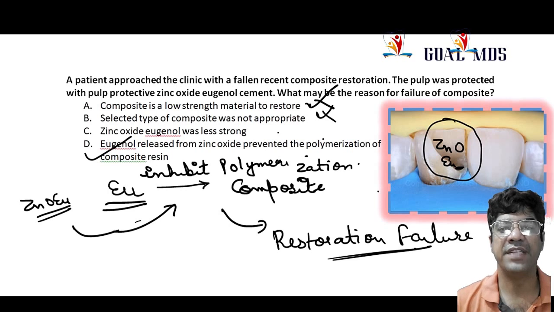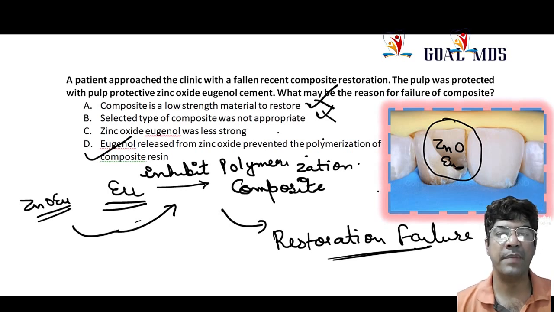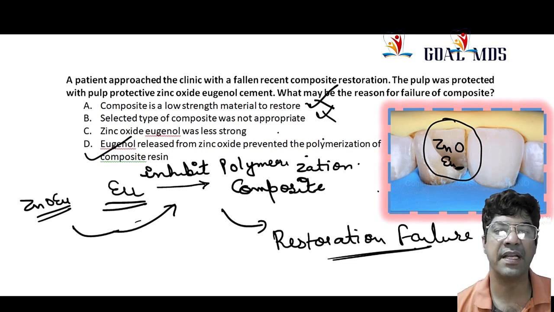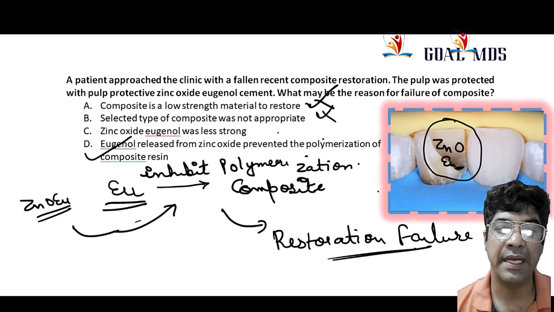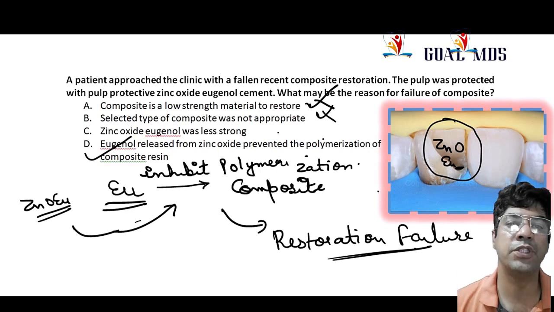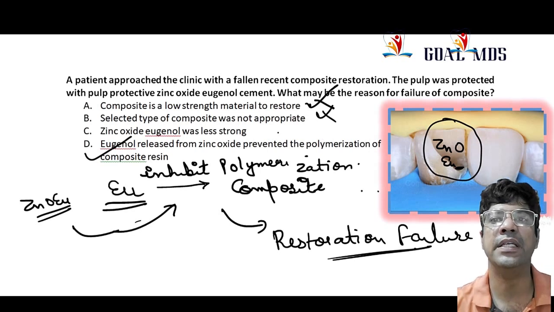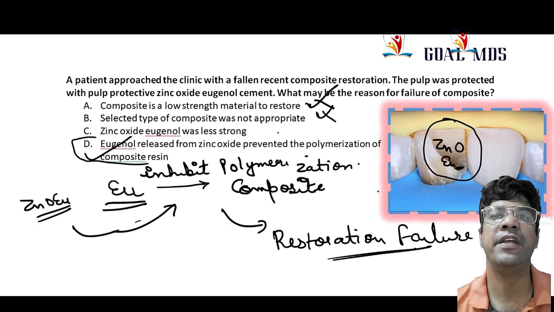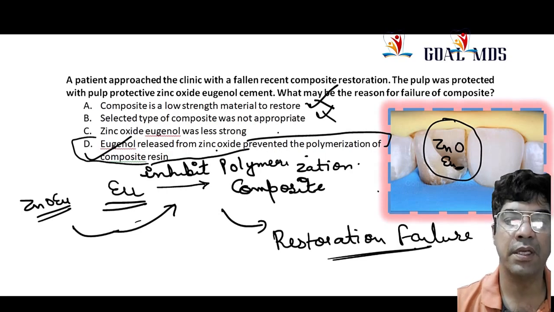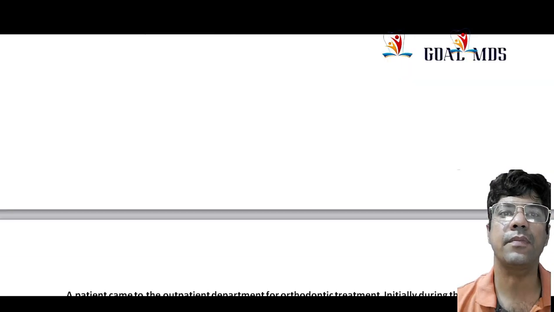The strength of the zinc oxide eugenol cement is not a major factor in the failure of composite restoration. It is the interaction between the eugenol and composite polymerization that is more likely to be the issue. So the eugenol released from the zinc oxide eugenol would prevent the polymerization of composite resin. That would be your answer of choice.